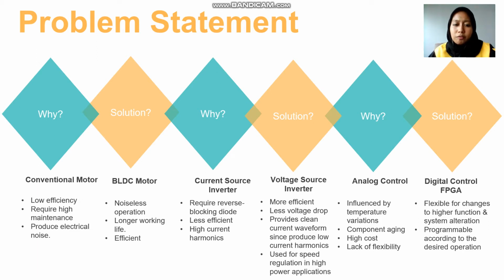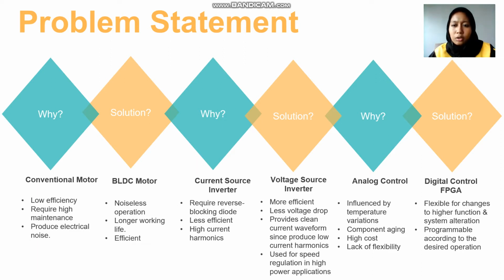Current source inverter requires reverse blocking diode, has low efficiency, and produces high current harmonic. Therefore, I use voltage source inverter that is more efficient, has less voltage drop, and provides clean current waveform since it produces low harmonic current. It is also used for speed regulation in high power application.